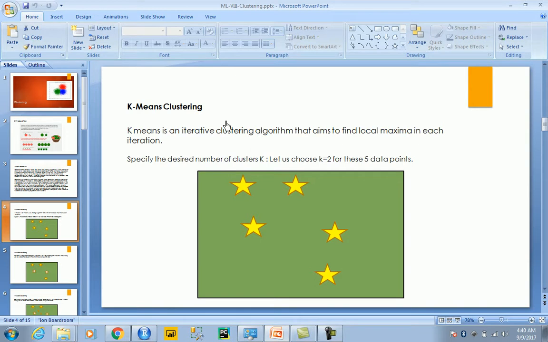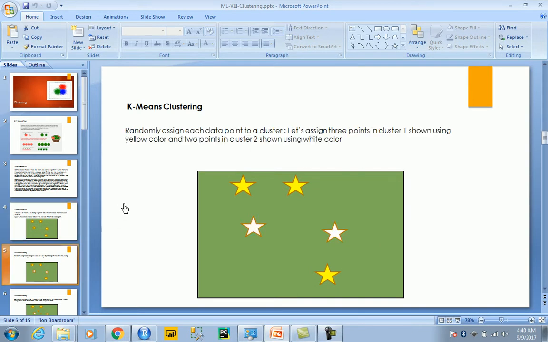So if we are talking about these five data points and we want to cluster them up, what K-means needs is that you come up with how many clusters you need. So let's say you pick a K value, and of all these five data points you want to have two clusters, and based on those two clusters you want to make certain decisions on the data. So how do we do that?